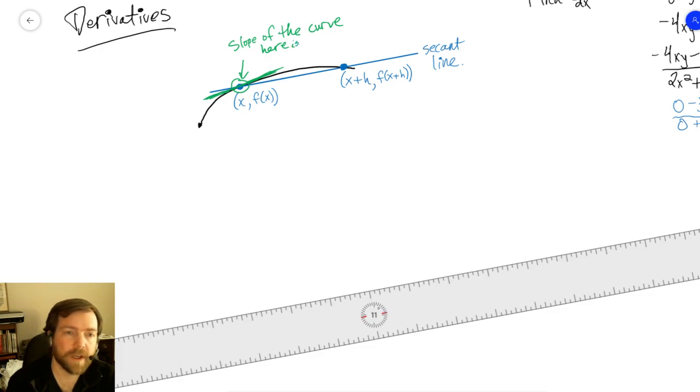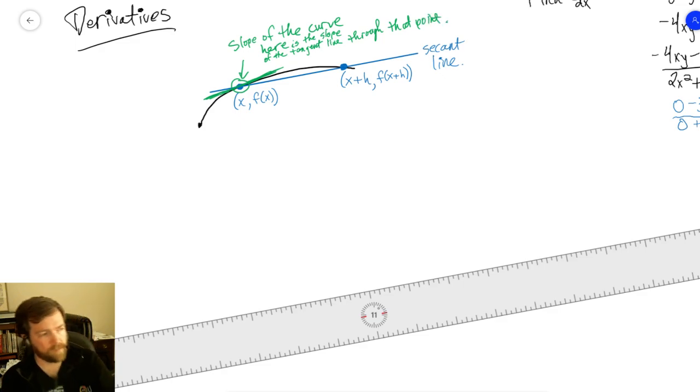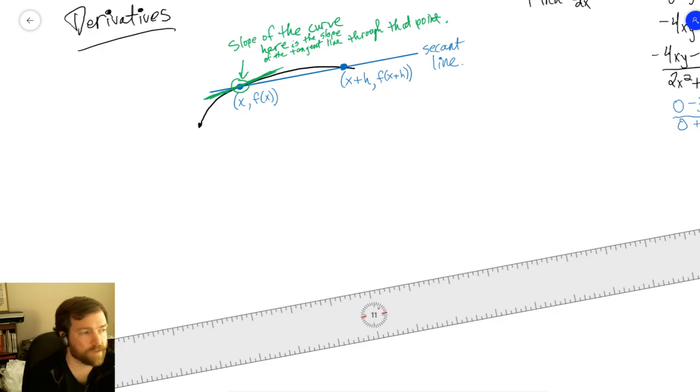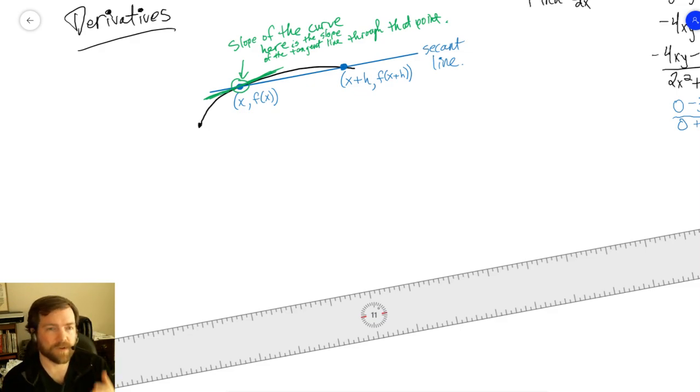Okay, so the slope of the curve at this point is the slope of the tangent line through that point. So we want to figure out the slope of the tangent line through that particular point, x comma f at x. We're going to use a second point called x plus h, f of x plus h, to get us a secant line that's actually going through two different points.